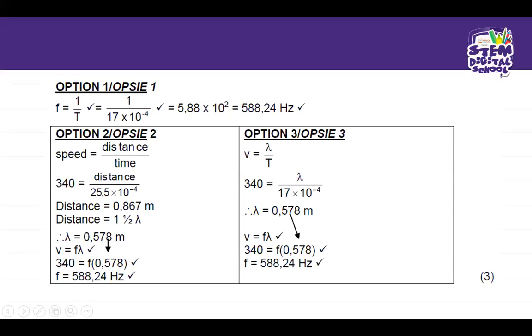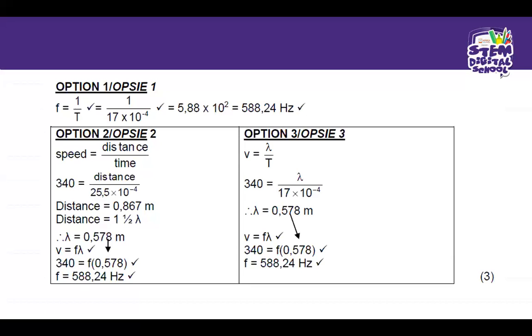So that is the distance for 1.5 wavelengths, right? So our wavelength is going to be equal to 0.578, and therefore now we can go and calculate our frequency. Velocity is equal to frequency times wavelength, and now we're going to make the frequency the subject of the formula, and that is what we're going to get.